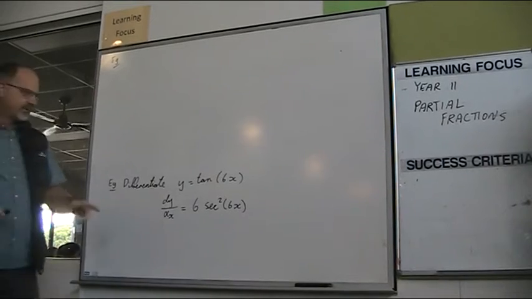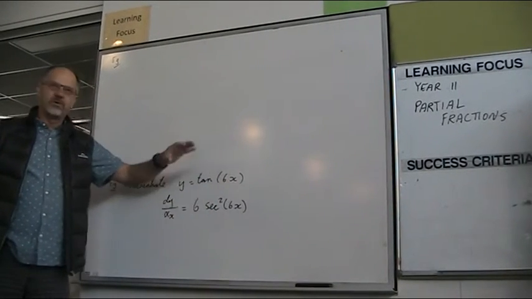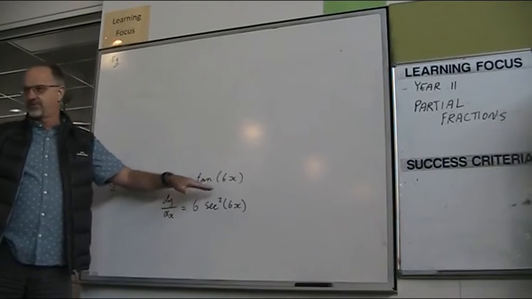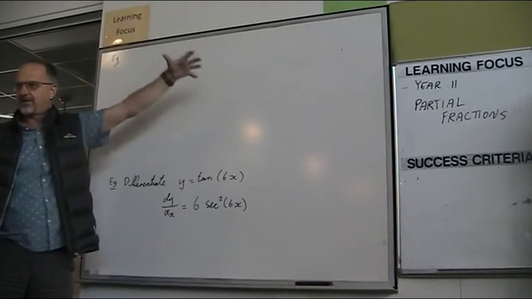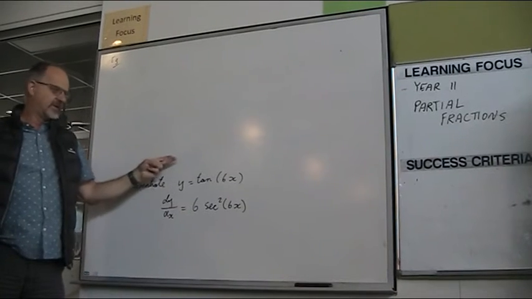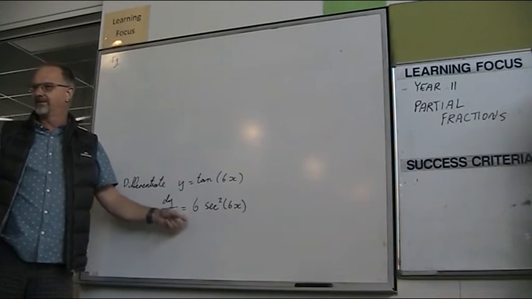If we use the chain rule or first principles or whatever, there would be a lot of working out and it would take a long time. But in the end we see that there's a pattern, so we're going to use the patterns.